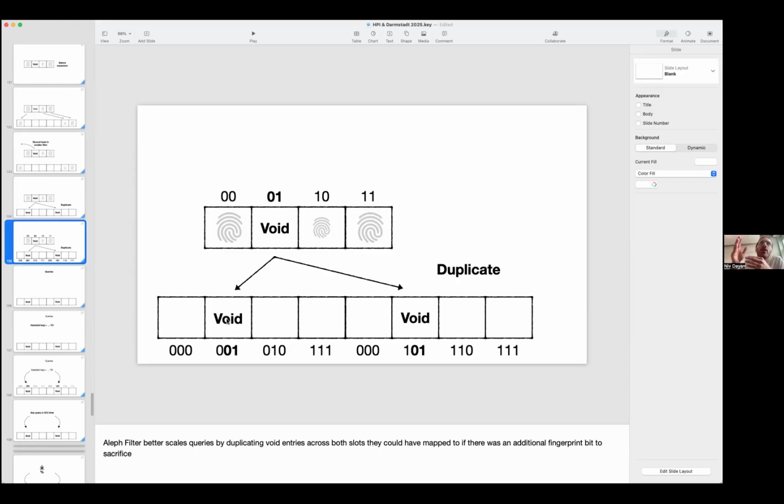Now, if you're enlarging the slots as you expand the filter, then because fingerprints are longer and longer, the rate at which you create new void entries decreases. And that actually stabilizes the fraction of void entries in the filter to a fixed constant. It converges. Got it.